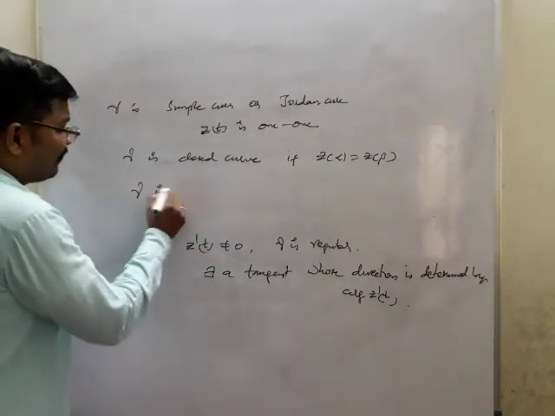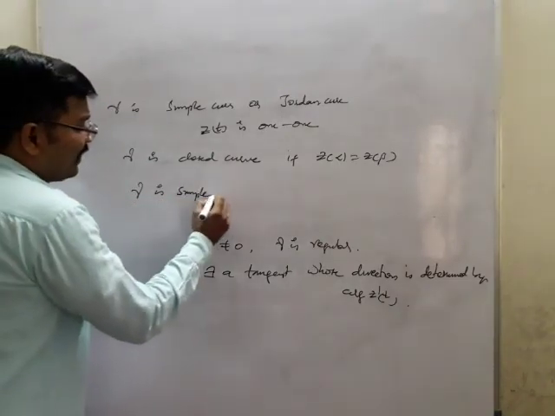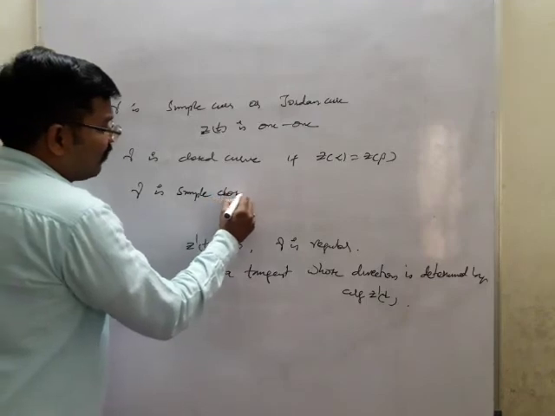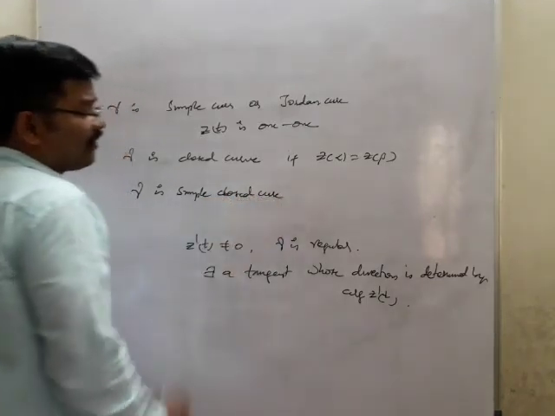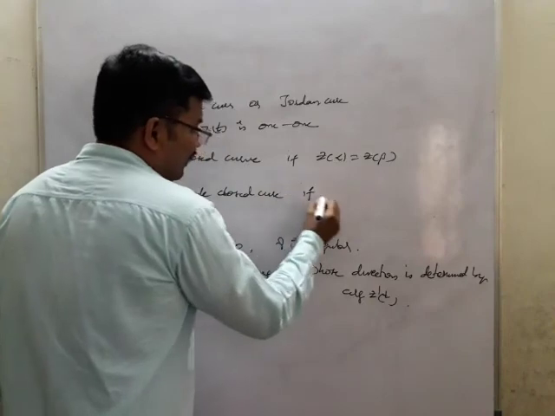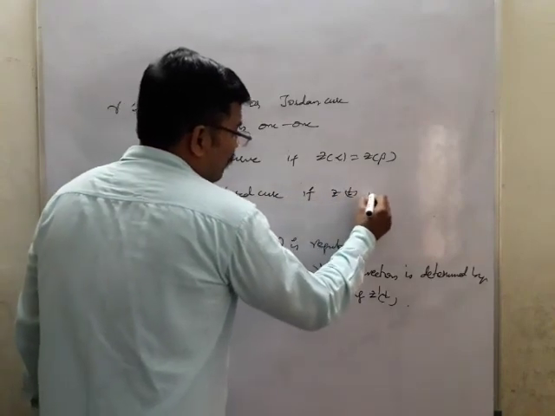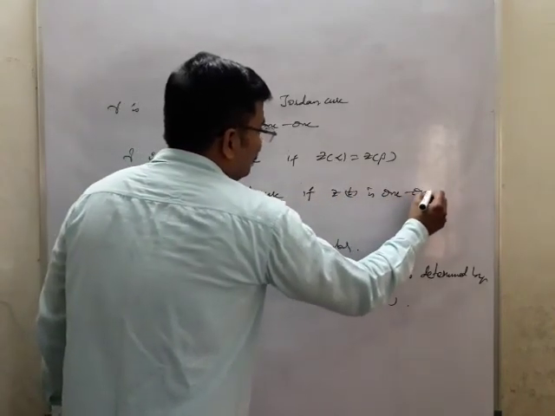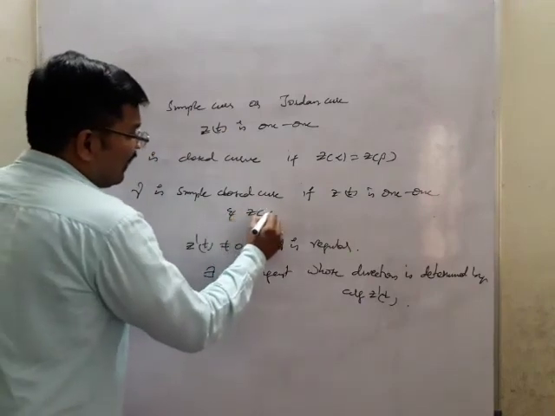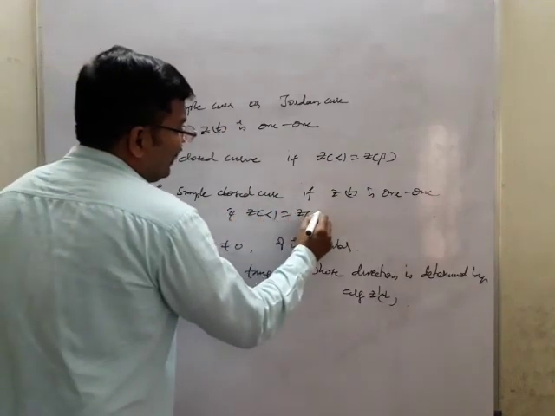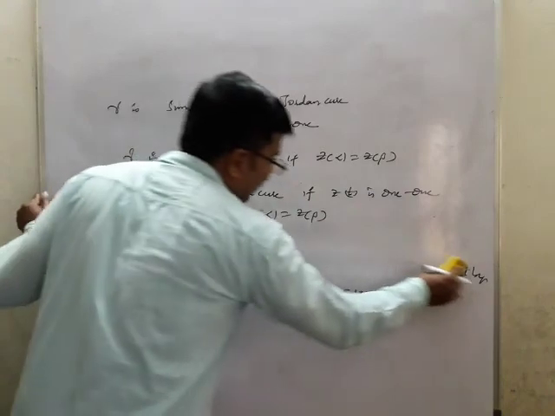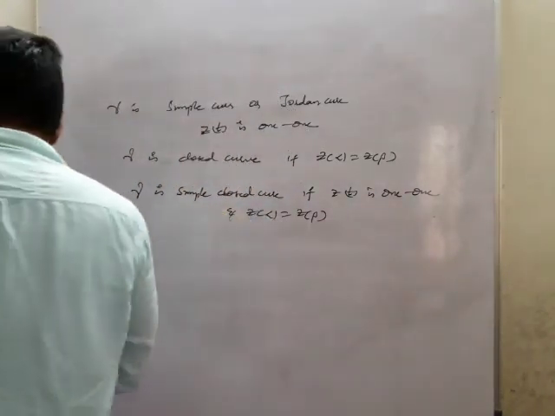Again, gamma is a simple closed curve when z of t is 1-1 and z of alpha is equal to z of beta.